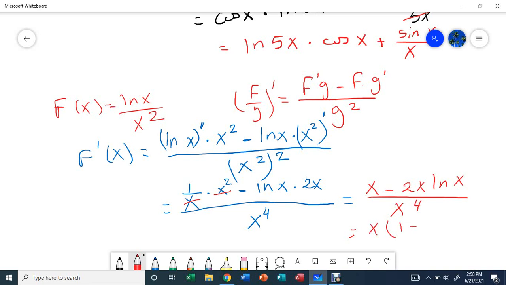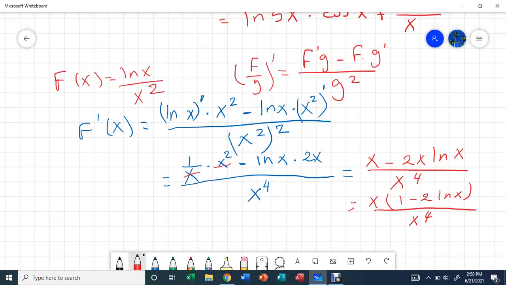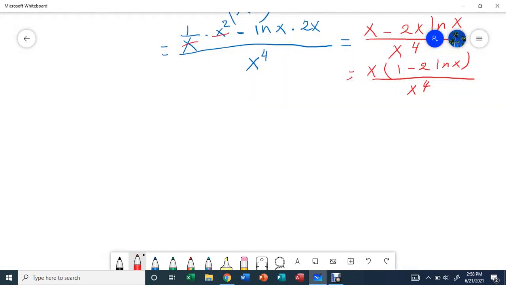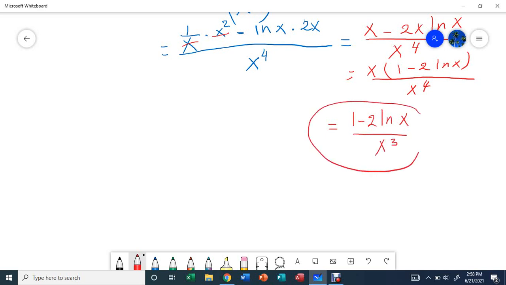You get 1 minus 2 ln of x, divided by x to the 4th. And finally you can get rid of the x in the numerator and get 1 minus 2 ln of x over x to the 3rd power, and that's your answer to that function.